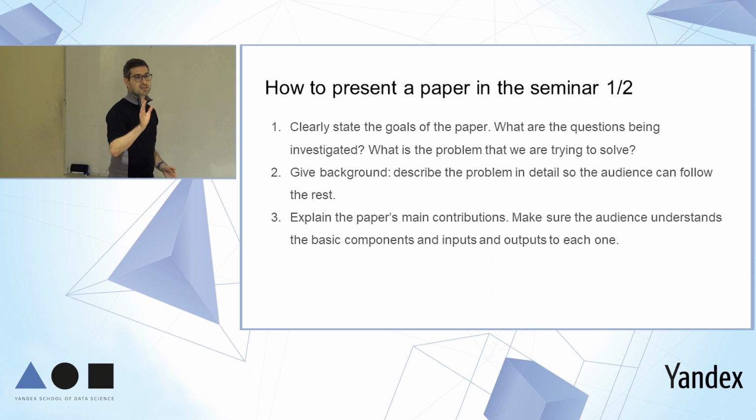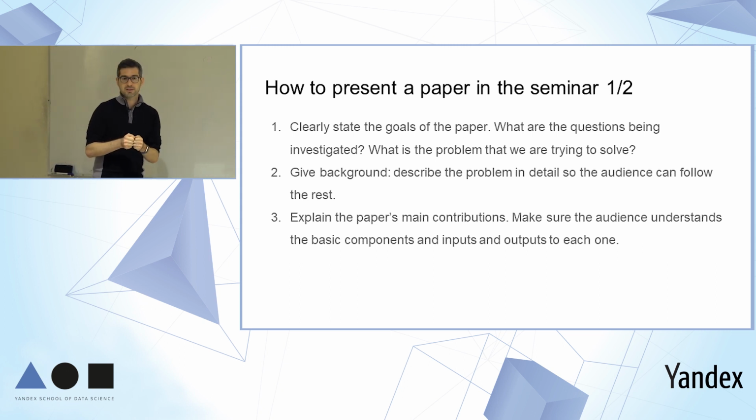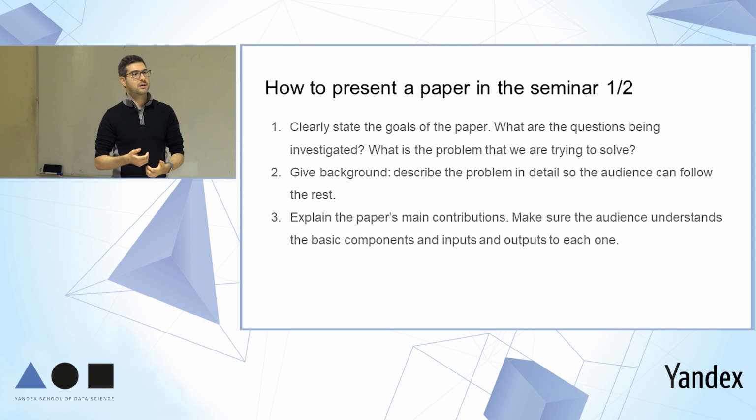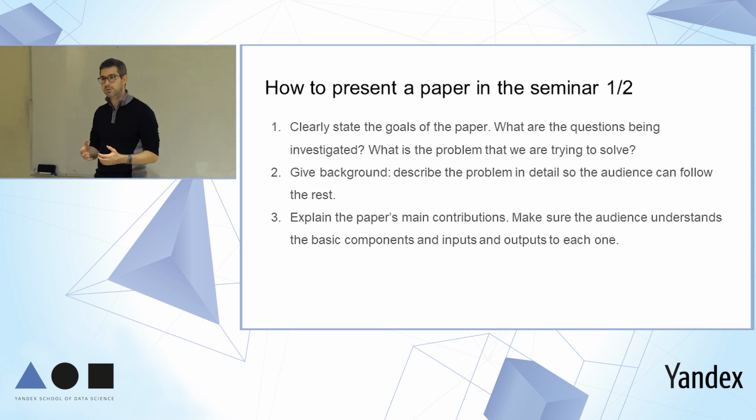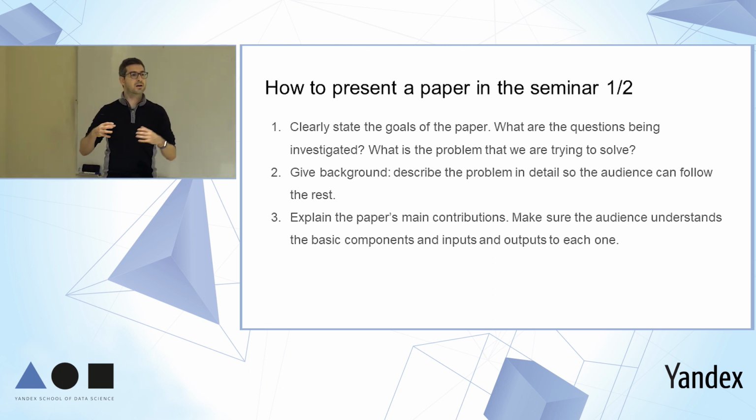So now just explain the main contributions. Very clearly, very in short, talk about what they actually built that's new and how it improves something. At this point, I think the most important thing for the audience to understand is how it all connects, especially when it's deep learning and architectures.